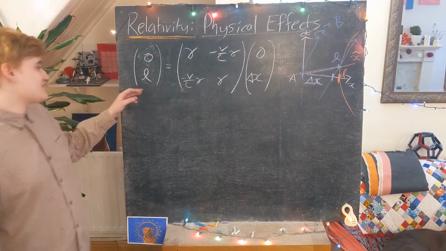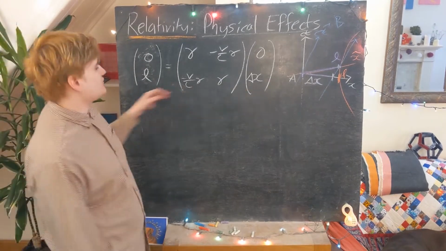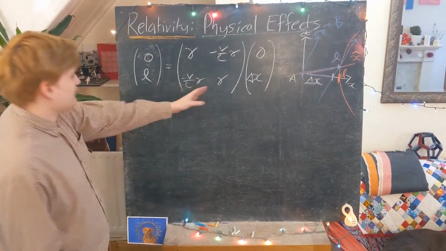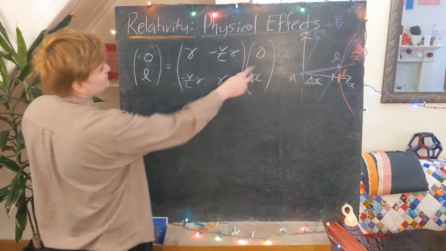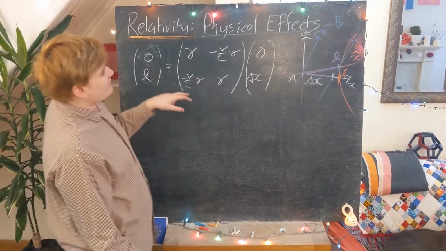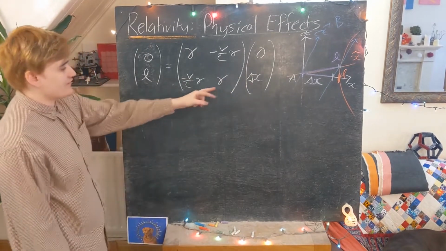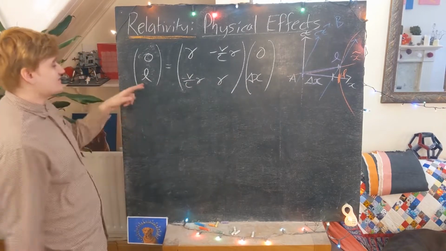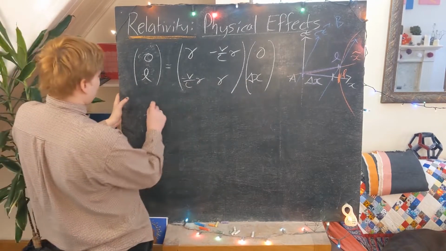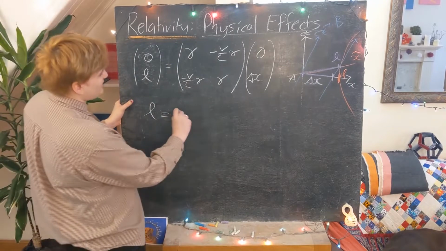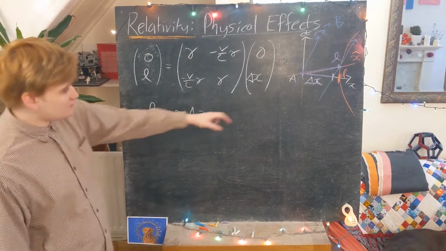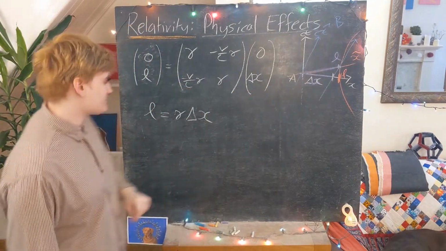Okay, so I really only need to consider how the spatial coordinate of the endpoint of the rod is going to change. And so from this matrix multiplication, I can just see I'm going to get minus v over c gamma times 0, and then a plus gamma times delta x. So I can just see that this L is going to be gamma times this coordinate interval, delta x.